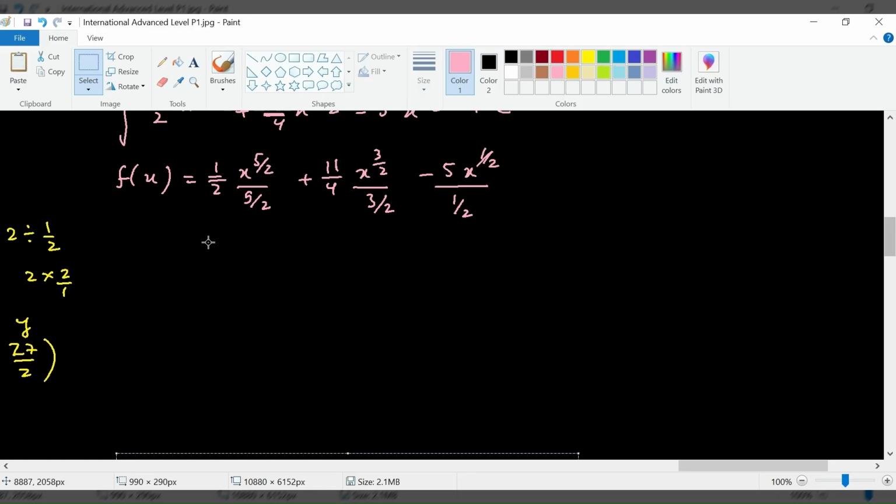And as you can see in here, this is more simplified. This 2 is going to be cancelling with 20 over 5. But before that, I just take one more step. So this is going to be actually 2 over 5, and multiply by 1 over 2, and x to the power 5 over 2.